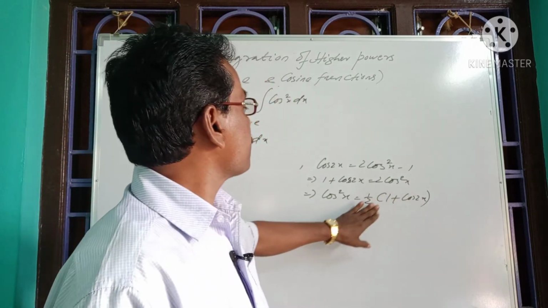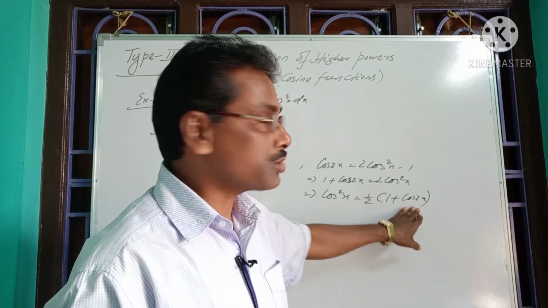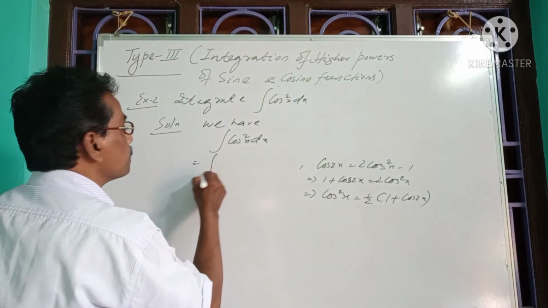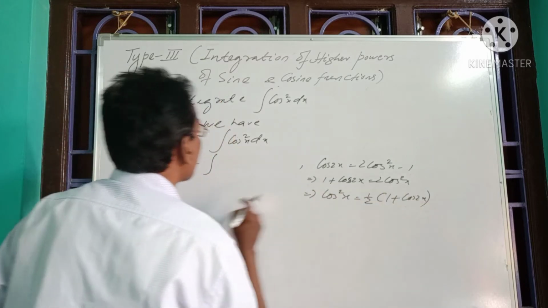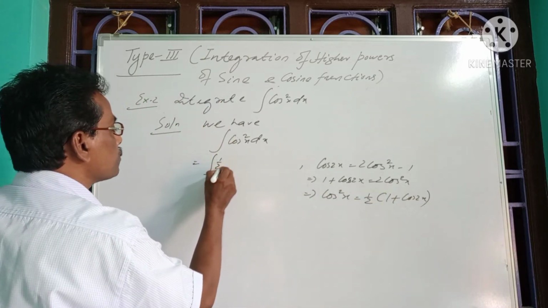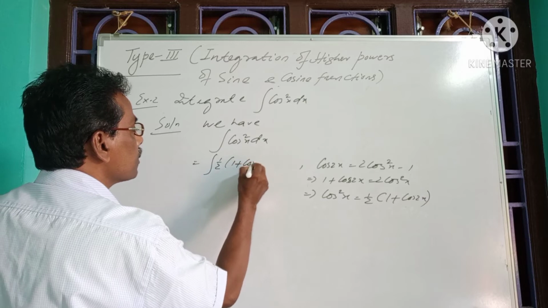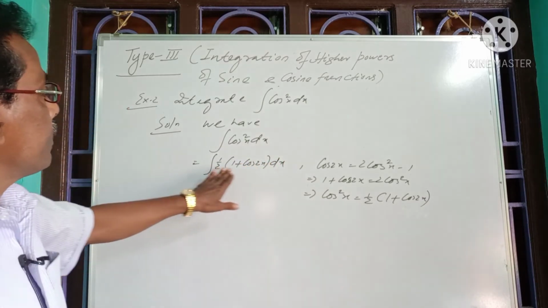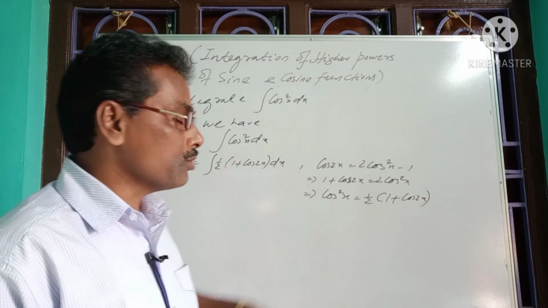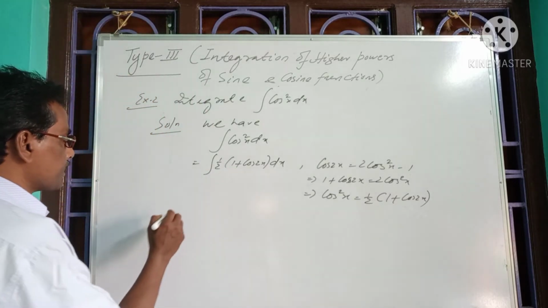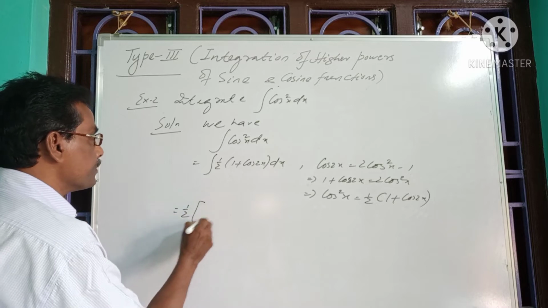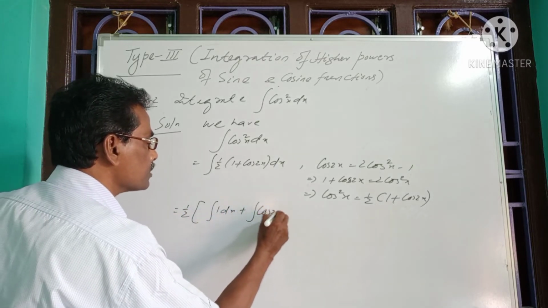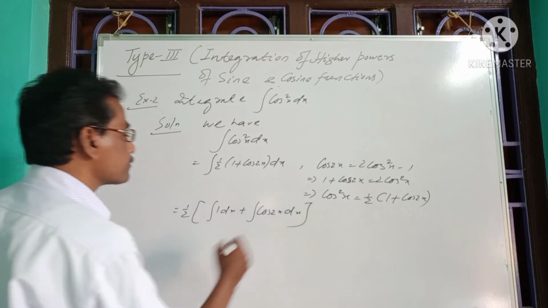Now half of 1 plus cos 2x is integrable, where cos square x was not integrable. So putting half into 1 plus cos 2x in place of cos square x, we have half into the integration of 1 plus cos of 2x with respect to x. Now both the functions, that is 1 and cos 2x, are integrable. Using the algebra of integrals, we can write half into the integration of 1 with respect to x plus the integration of cos of 2x with respect to x.